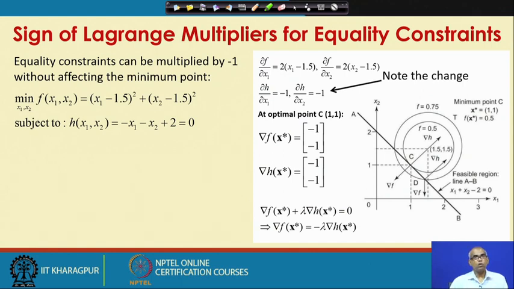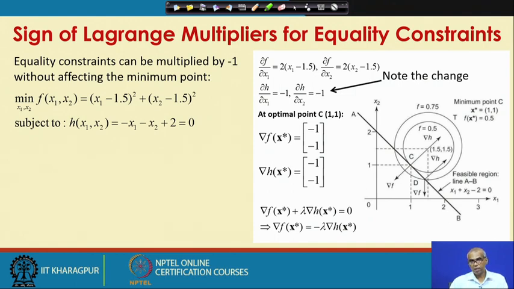That means the previous equality constraint has now been multiplied by -1, and everything else remains the same. So del f del x1, del f del x2 remain unchanged, but del h del x1, del h del x2 now become -1, previously it was 1.